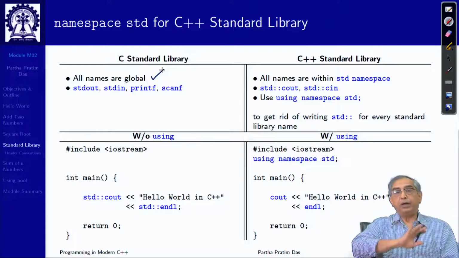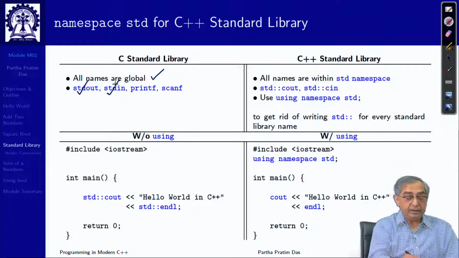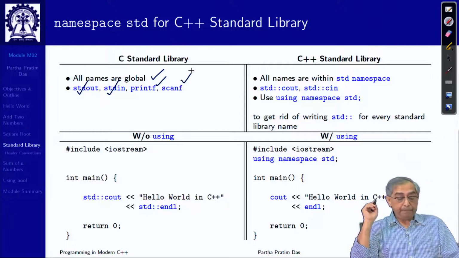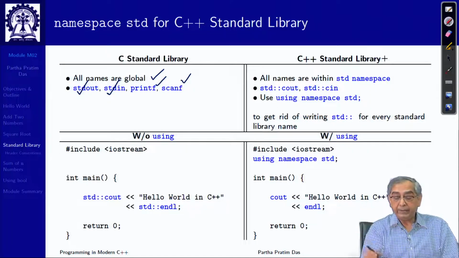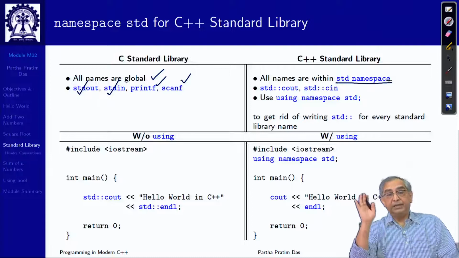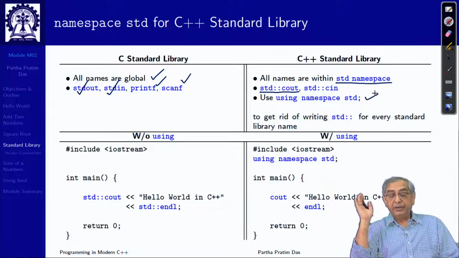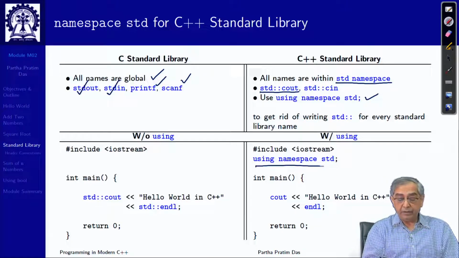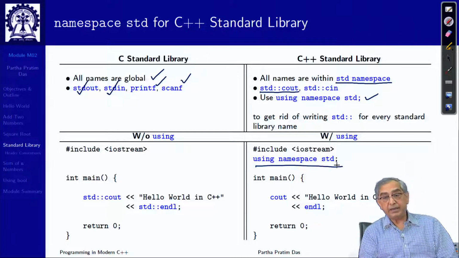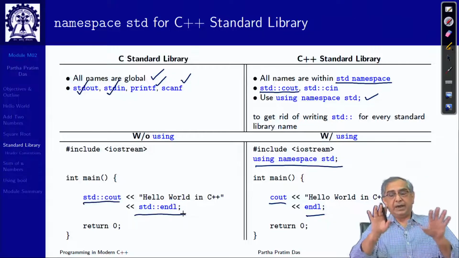So, it has a whole collection of global functions and some global symbols like stdout, stdin. Now, in the C++ standard library, all names are within the std namespace, standard namespace. So, your cout is std::cout, you have seen this, and the way to avoid writing std:: is using namespace std. So, this is a comparison of code where you are using namespace std, so you write less, and here you are not using it, so you write more. It is a syntactic difference, nothing else.